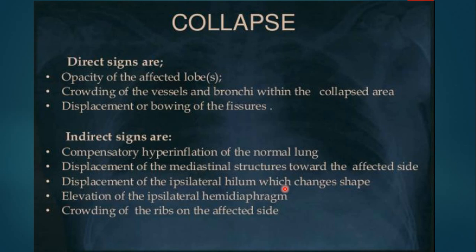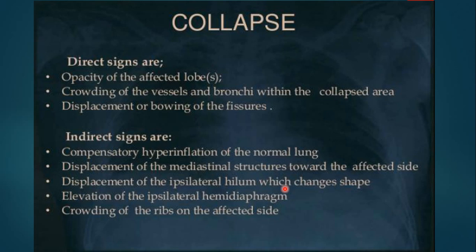Also, displacement of the mediastinal structures toward the affected side, because there is loss of volume, and the body does not like to keep anything empty. Everything has to be full. So if the left lung is collapsed, having lost volume, the things in the middle, like the mediastinum, will be displaced to the left to fill the space.